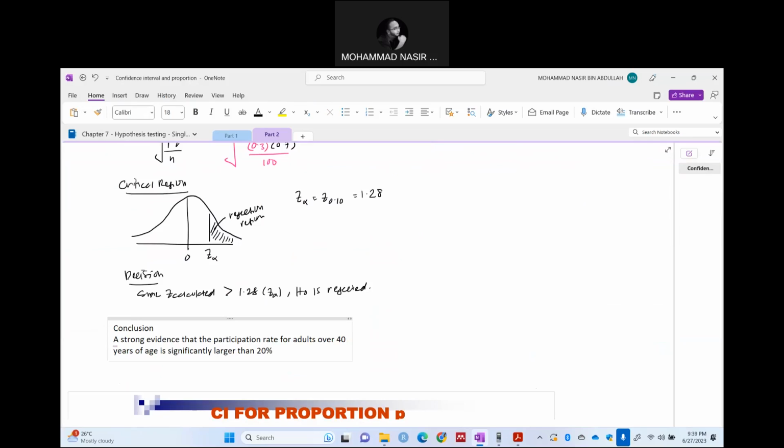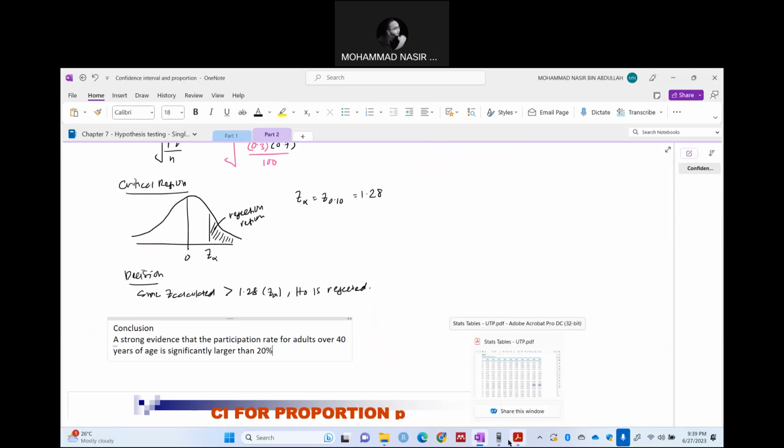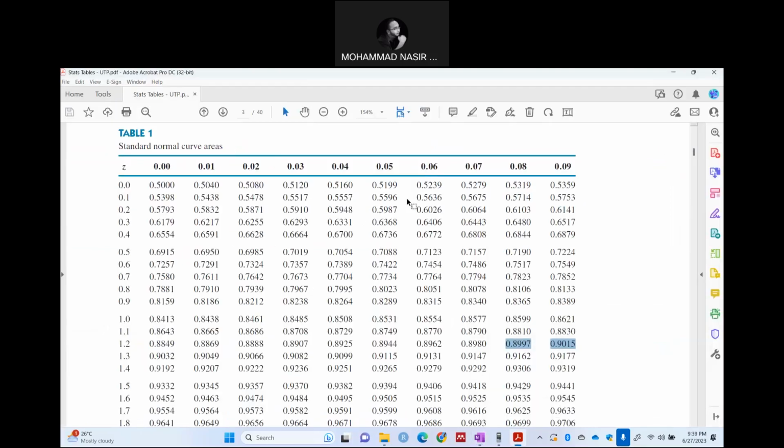Alpha 0.1, yes, we are taking alpha 0.1. You mean that when you want to take the value from the table? 0.1 is to the right, right?